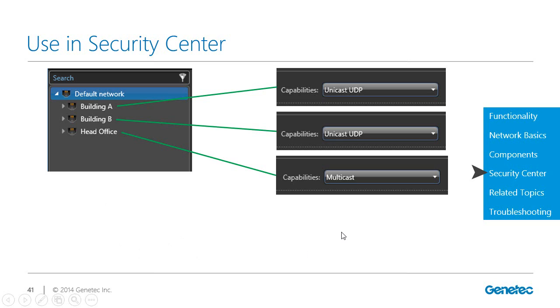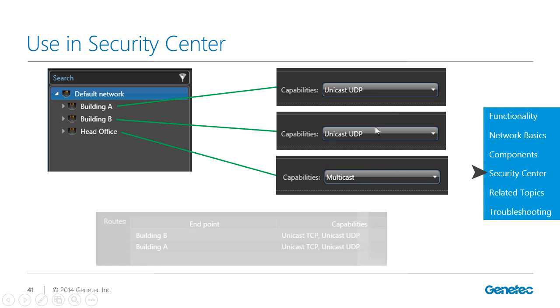In our examples, the three networks we have set up are the head office, building A, and building B. The first example will have the head office using a multicast connection on its network internally, and unicast UDP communication in buildings A and B. So within our network view, our network capabilities would look something like this.